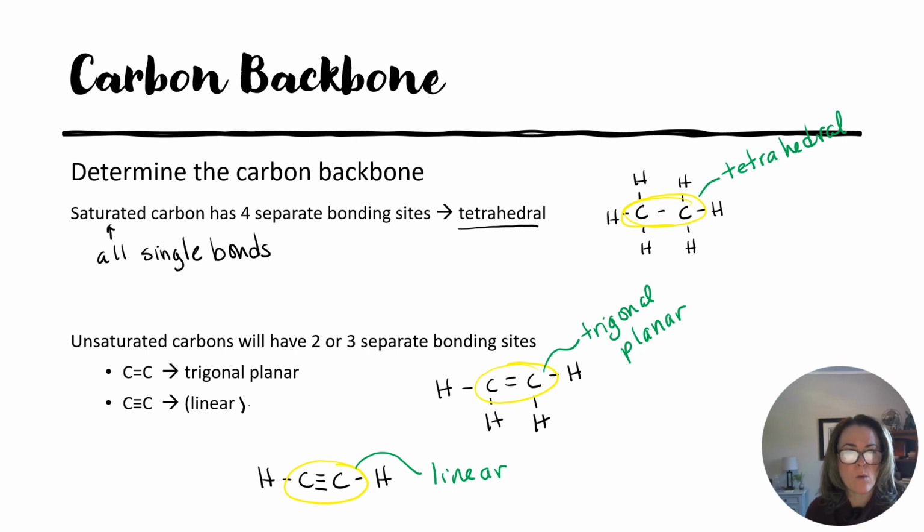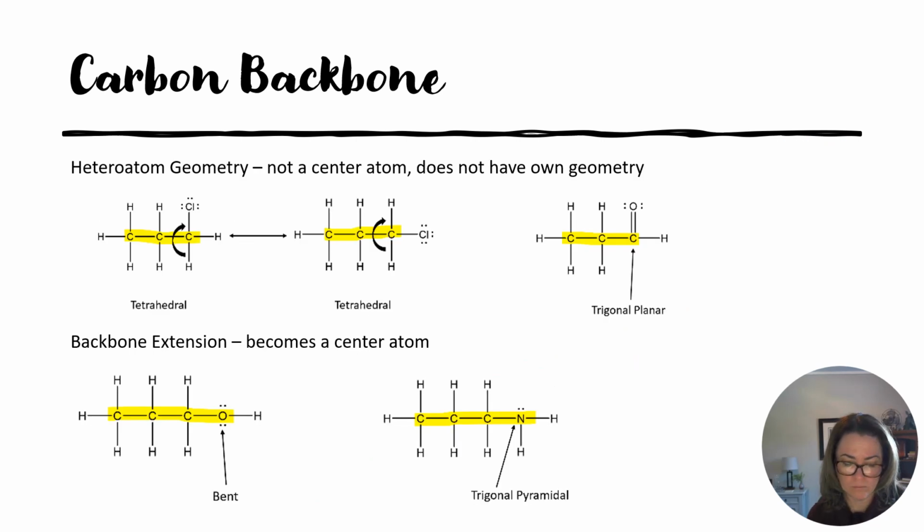Next, we're going to talk about what happens when we add something other than carbon to our backbone. All right, so let's take a look at these. So the first, we have a heteroatom, where that heteroatom is not a center atom. So I have chlorine here that is not part of my carbon backbone.